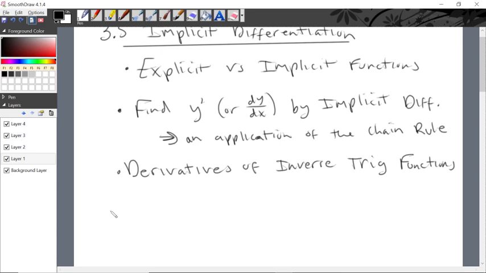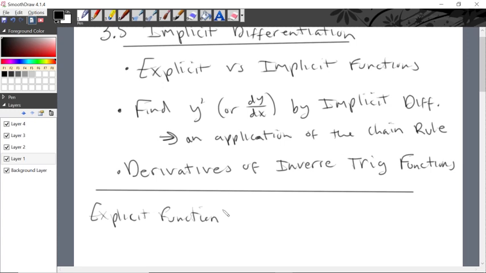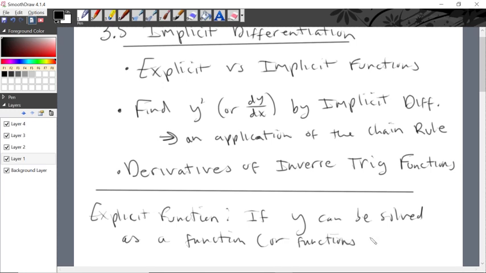Okay, so for section 3.5, let's start with what is an explicit function versus an implicit function. I already tried to explain it a little bit here. An explicit function: if we can express the dependent variable in terms of the independent variable by an explicit equation, so if y can be solved as a function of x.